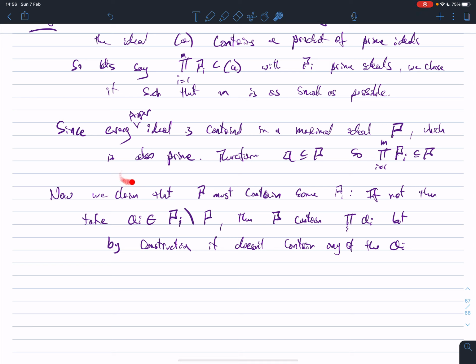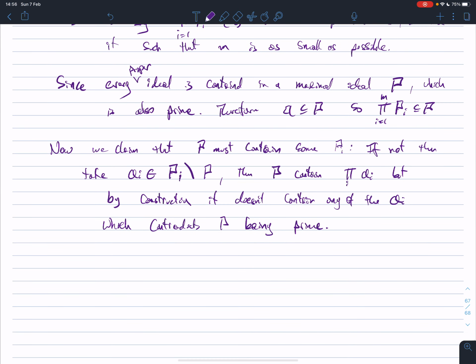It's a maximal ideal, which is prime, so it has to be prime. It contains a product of elements but doesn't contain any of the elements, and that can't happen in a prime ideal. This contradicts P being prime.